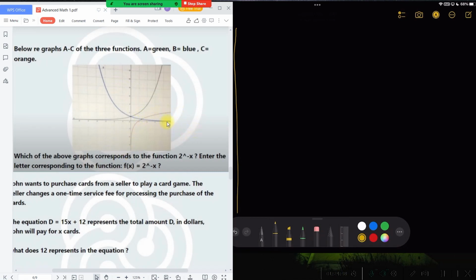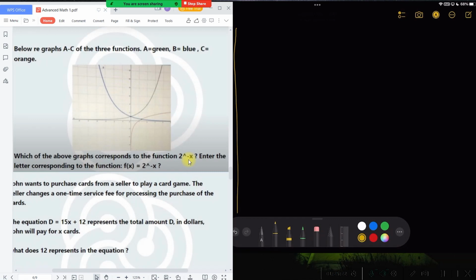Which of the above graphs corresponds to the function 2 to the power of minus x? Cái graph nào trên đây tương xứng với hàm 2 mũ trừ x? Mũ trừ tức là sao mọi người nhớ không? 2 mũ trừ x là 1 phần 2 mũ x.